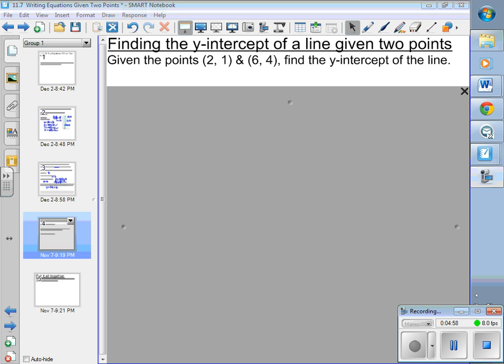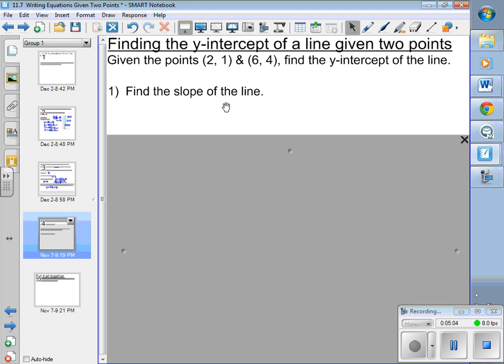Okay, now we're going to find the y-intercept of a line given 2 points. If we're given the points 2, 1 and 6, 4, we're going to find the y-intercept of this line. The first thing we have to do is find the slope of the line, excuse me. So we're going to find the slope by finding the change in y over the change in x.